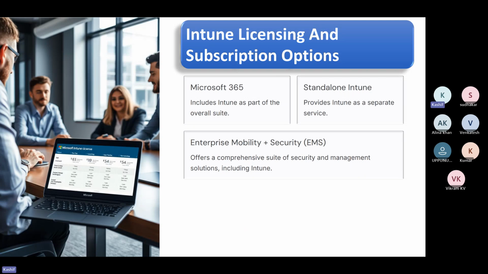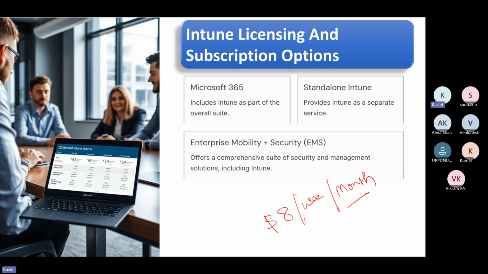Now we will talk about Intune licensing and subscription options. So you have to pay around $8 per user per month. It's a subscription based license wherein you have to pay $8 per user per month.